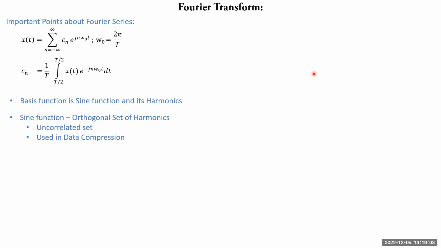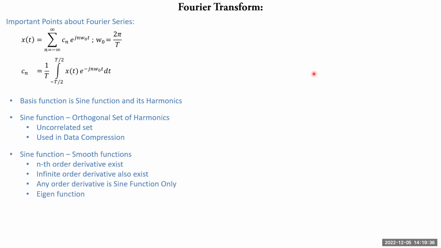So basically, the physical meaning of this is that any two components are uncorrelated in an orthogonal set of sine functions. So one can interpret the Fourier series of any periodic function as decorrelation of a correlated time domain function in the frequency domain, and hence this property is used in data compression as well.